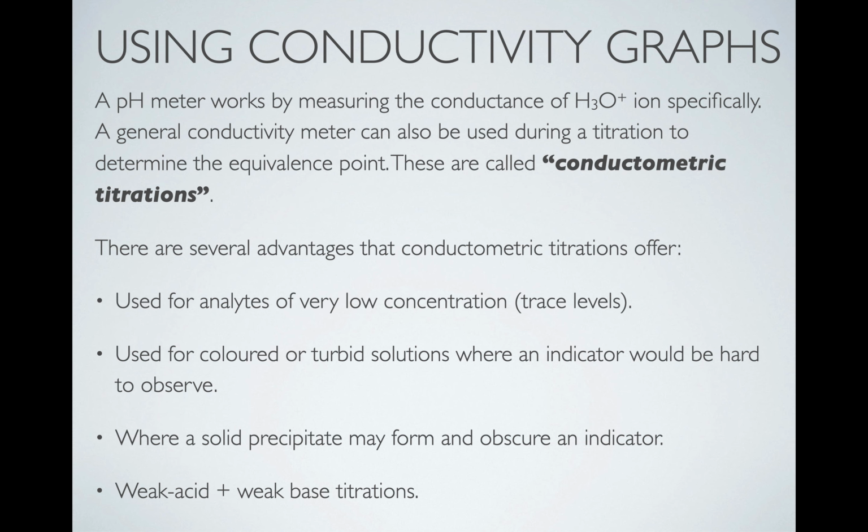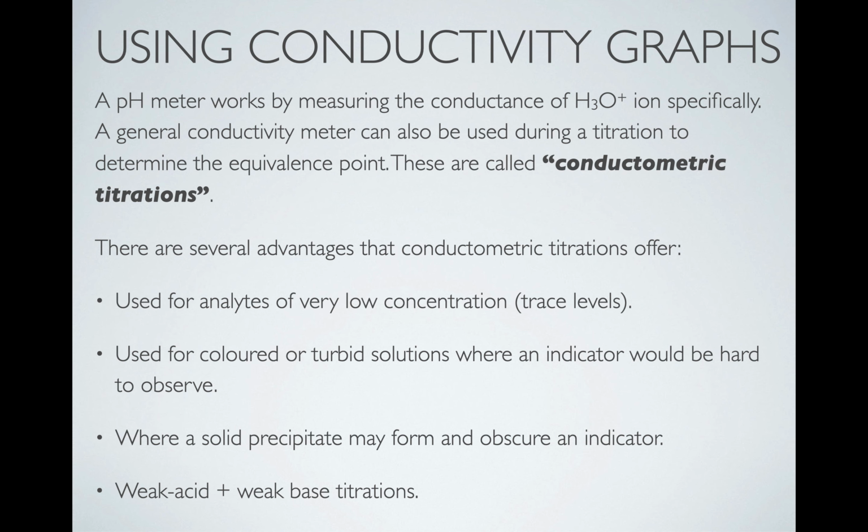Okay, they're very good if we've got solutions that are either coloured or they've got material in there. They've got some kind of colour to the solution, or they've got some kind of stuff in there too that prevents you from seeing an indicator. Okay, and we'll do a prac soon where we're going to measure the acid in Coca-Cola, and that fits directly into this problem.